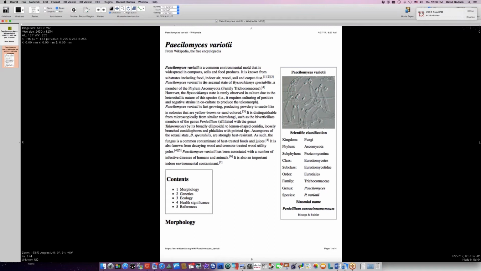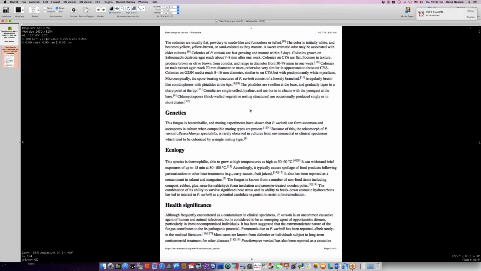This is a common thing in food, outdoor, indoor air, wood, soil, and carpet dust. And this man operated a mower on outdoor parks for the city of Seattle. So he was exposed to grass and earth and things like that. And this is increasingly being recognized as a pathogen.